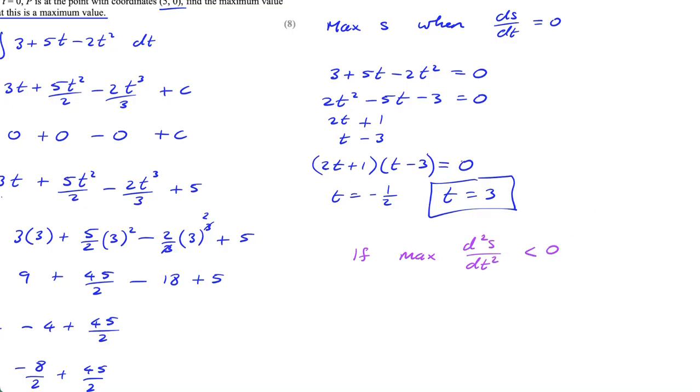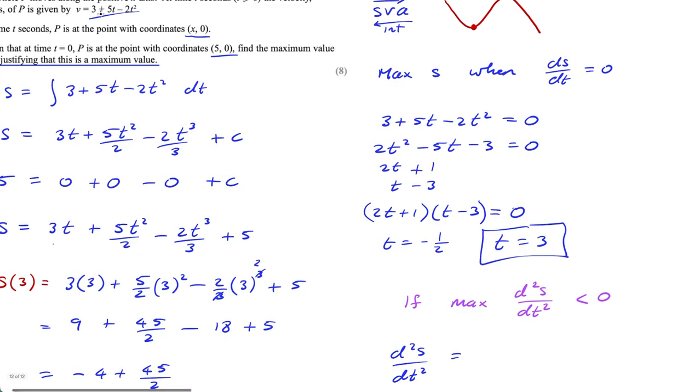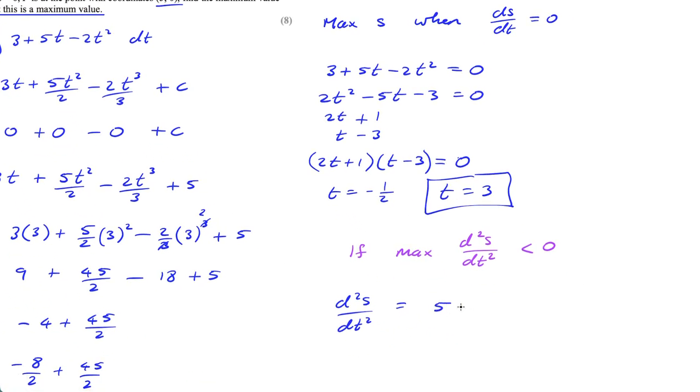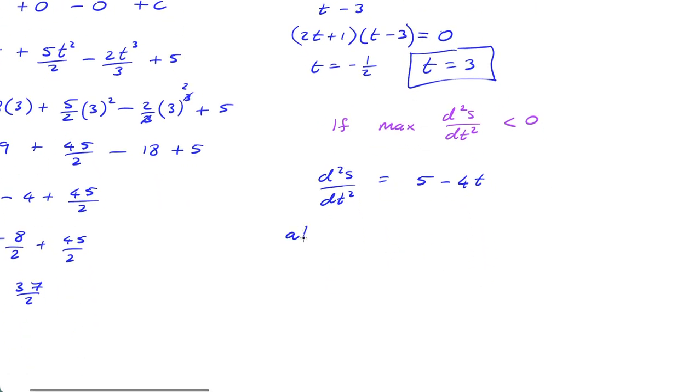I'll get the second derivative, d2s/dt squared. That's just the derivative of this, which is 0 plus 5 minus 4t. At t equal to 3, it's 5 minus 4 times 3, which is 5 minus 12, which is minus 7.